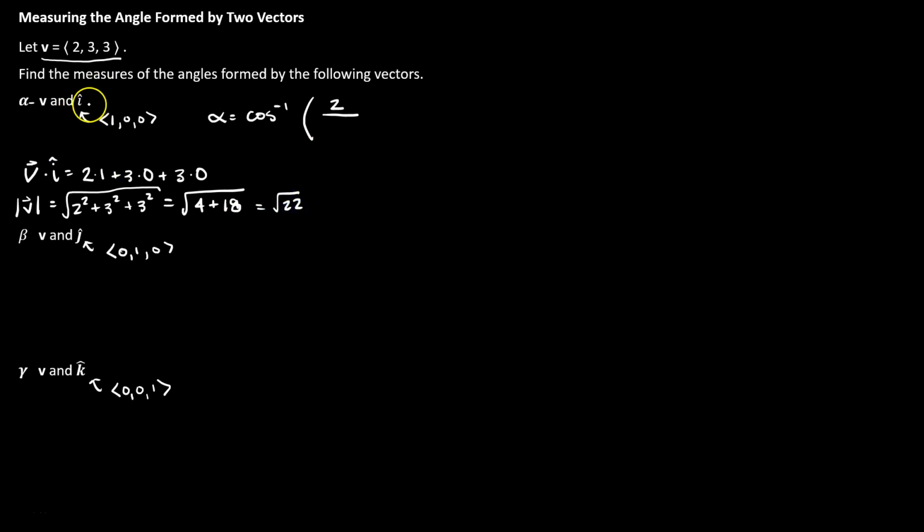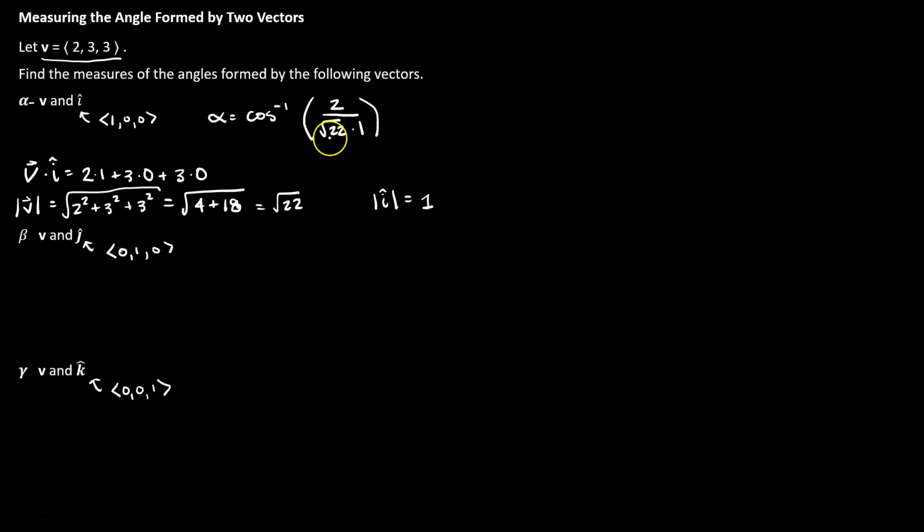And then we also need the magnitude of the unit vector i, but remember, by definition, a unit vector has a magnitude of 1. So I could calculate it, but I could easily remember the definition to say the unit vector i has a magnitude of 1. So then in my denominator, I'll have root 22 times 1, and that would be the measure for alpha. This is the angle between the vector v and the standard unit vector i hat.